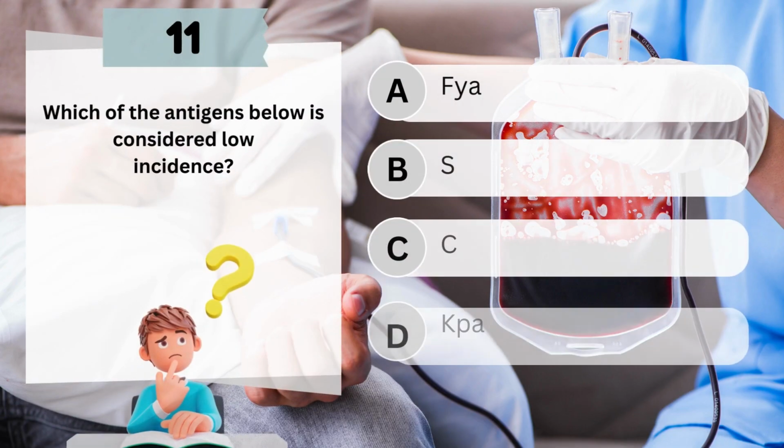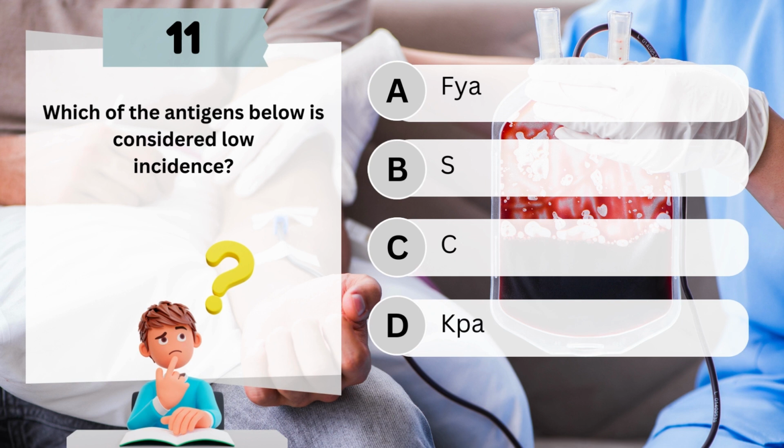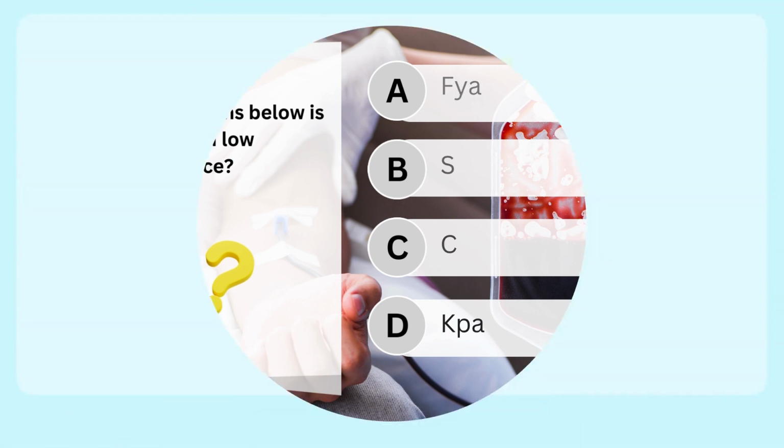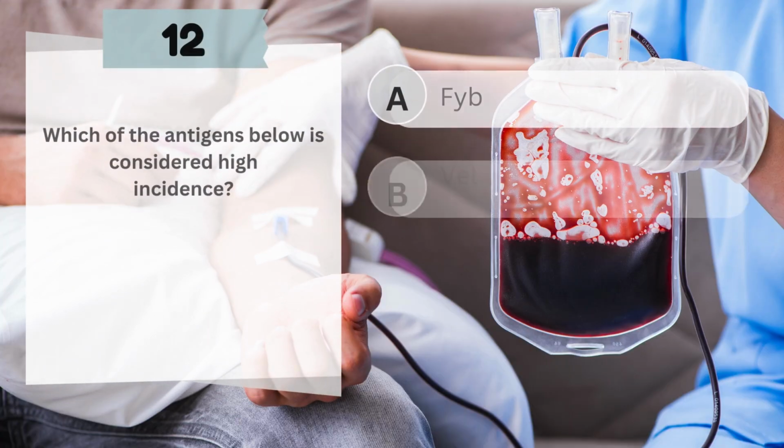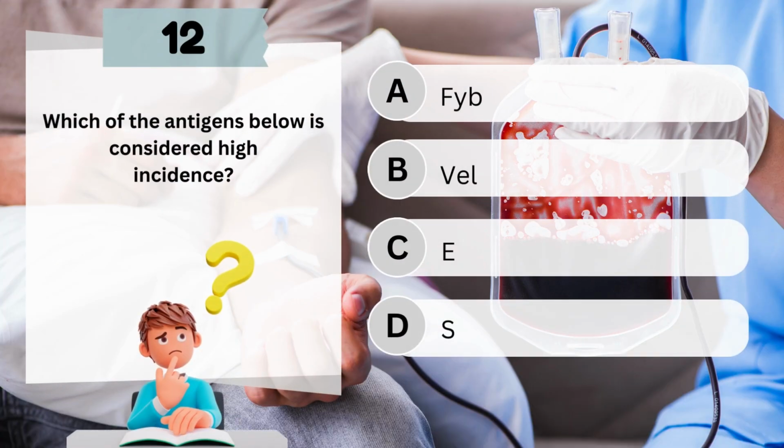Which of the antigens below is considered low incidence? The correct answer is D. Which of the antigens below is considered high incidence?